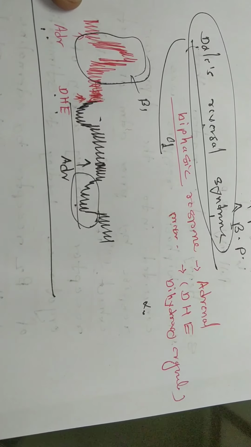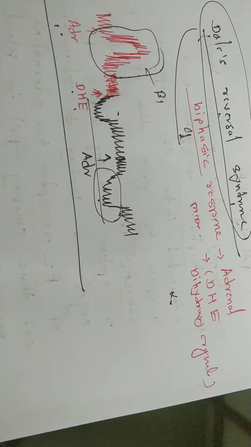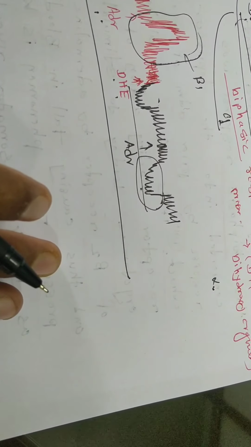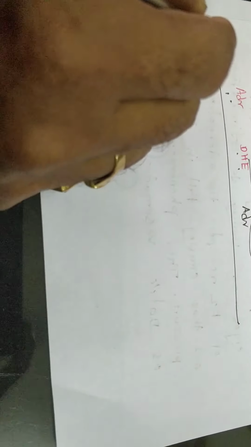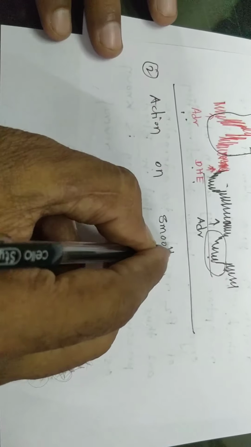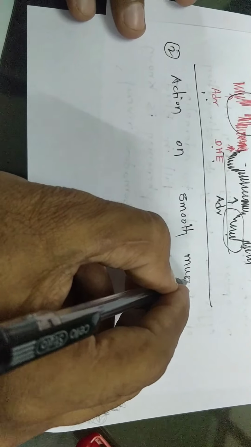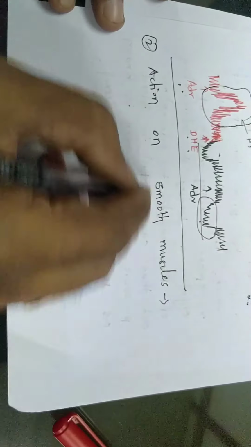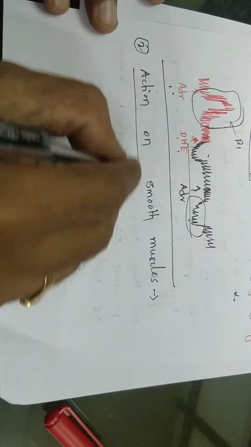Okay, now the next: second, action on smooth muscles. Pharmacological actions of adrenaline, after CVS, action on smooth muscle.